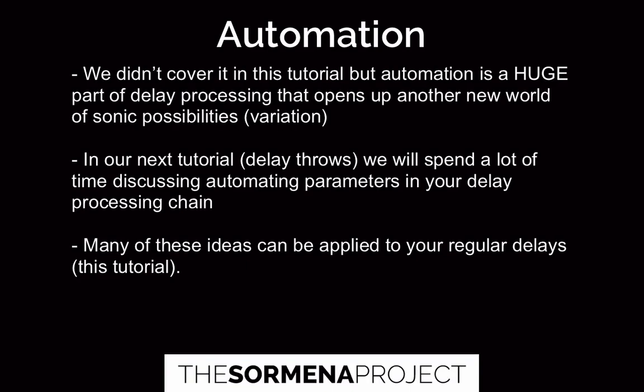In our next tutorial, which is all about delay throws, we will spend a lot of time discussing automating parameters in your delay processing chain, but many of those ideas, which we will cover next week, can be applied to your regular delays, what we're talking about this week. So be sure to watch next week and combine some of those techniques with what we've talked about here.